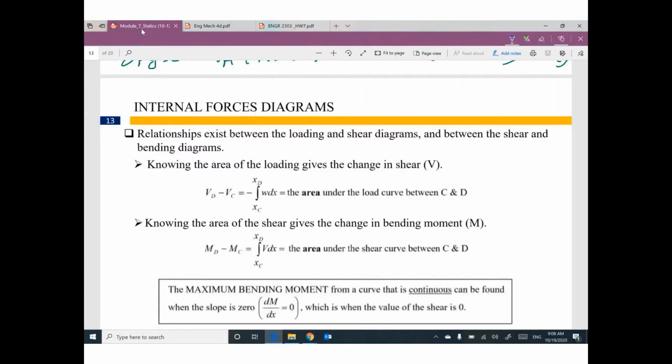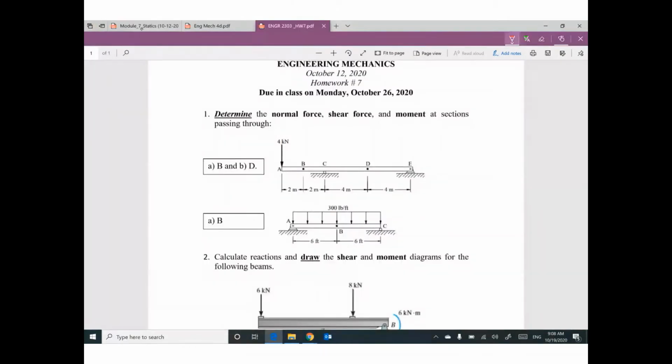We will continue the internal forces in beams. Just to remind you what we did so far. We learned that we have a beam and we have a specific point in this beam, and we are looking for the internal forces, normal, shear, and moment only at this specific point.